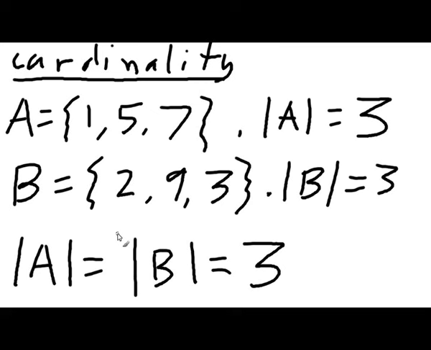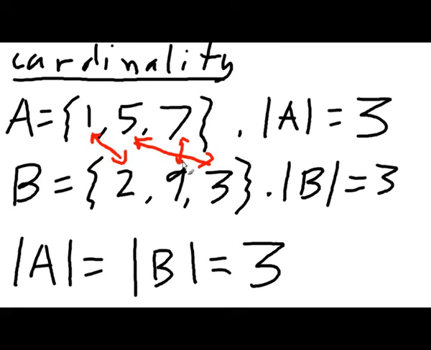I can match up 1 in set A with the 2 in set B, the 5 in set A with the 3 in set B, and 7 in set A with the 9 in set B. So I end up creating a one-to-one correspondence between the elements, and that tells me that the cardinalities of the sets A and B are the same.